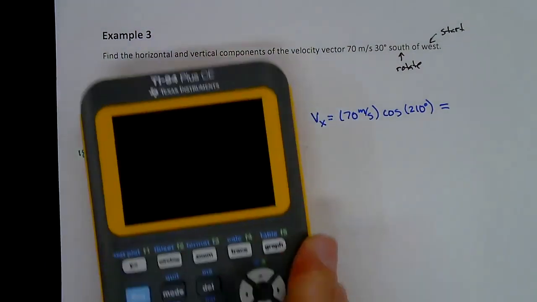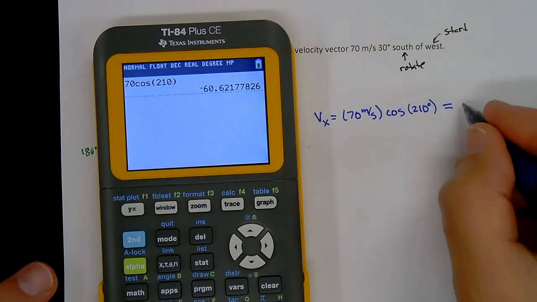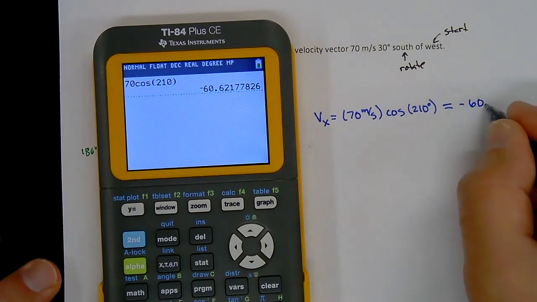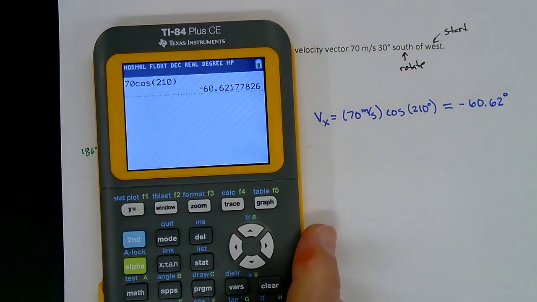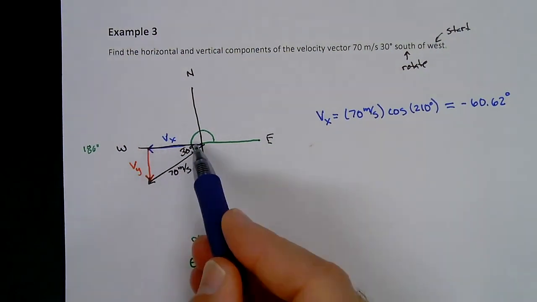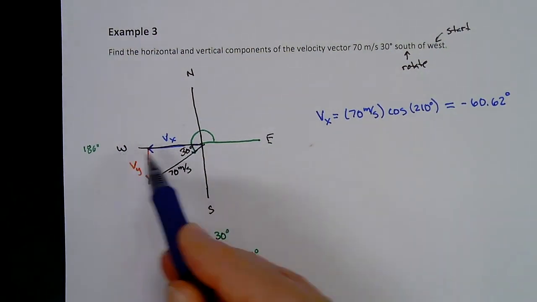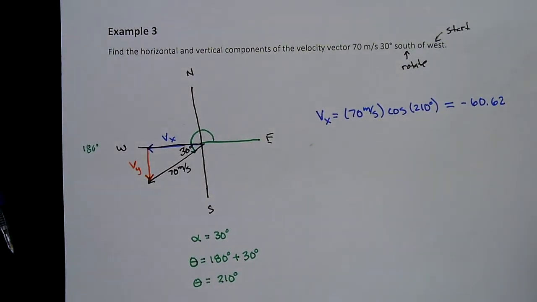Okay, and putting that into our calculator, 70 cosine 210, and we get negative 60.62. And that makes sense because we're going to have to go to the left. We're going to have to go towards the west, and going towards west is negative. Whoops, I put degrees. That is not a degree. It's actually meters per second.